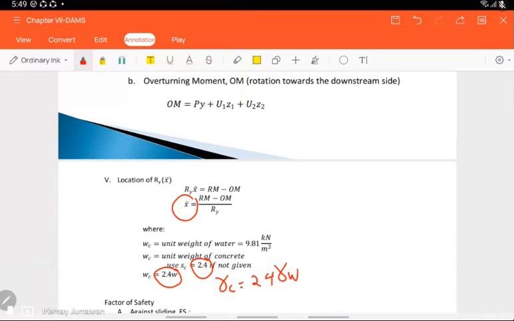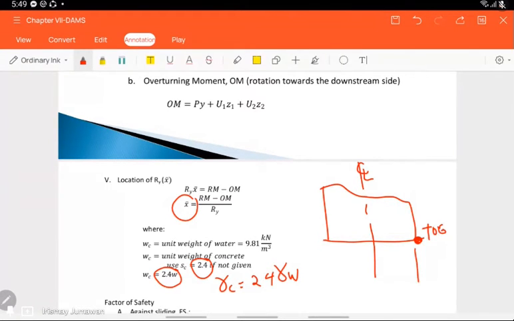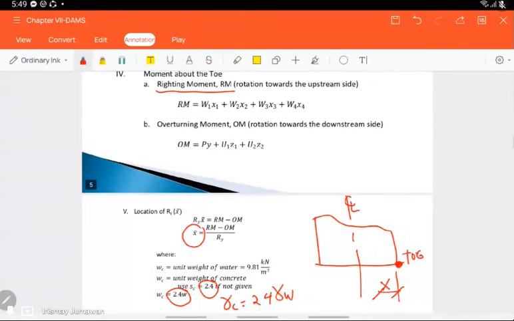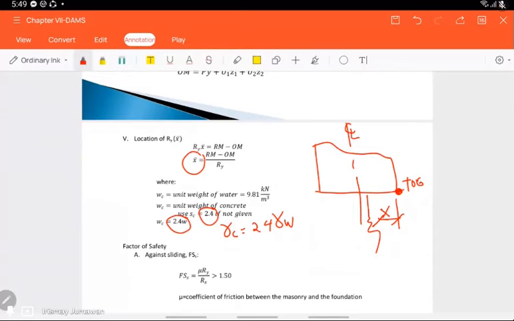Once you determine the location of your resultant, for example, if this is a cross-section of your dam and this is the center of the dam, since you take moment about point 2, that is the reference for the location of your Ry.